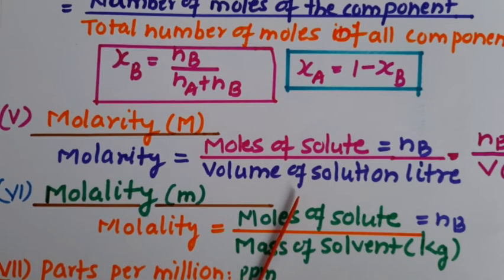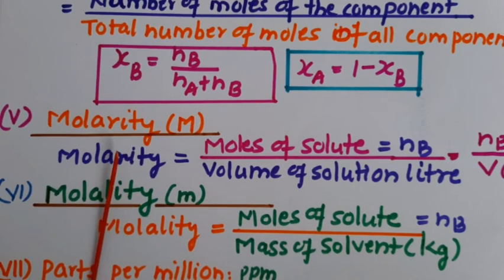Suppose the density is given in grams per ml, and you have the mass of solution in gram. Density is equal to mass upon volume, so the volume will be equal to mass divided by density. If you divide this 100 gram of solution by the density reported in grams per ml, you will obtain the volume of solution in ml. Always remember, the volume of the solution calculated depends upon the unit of density.